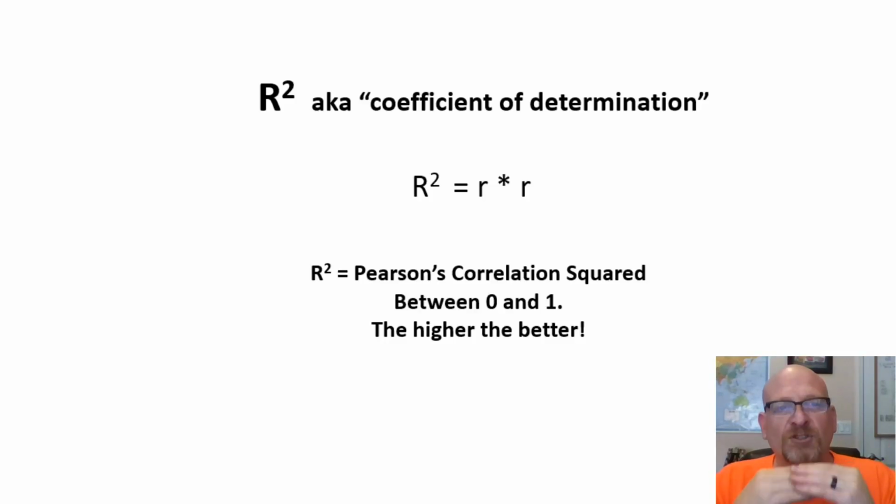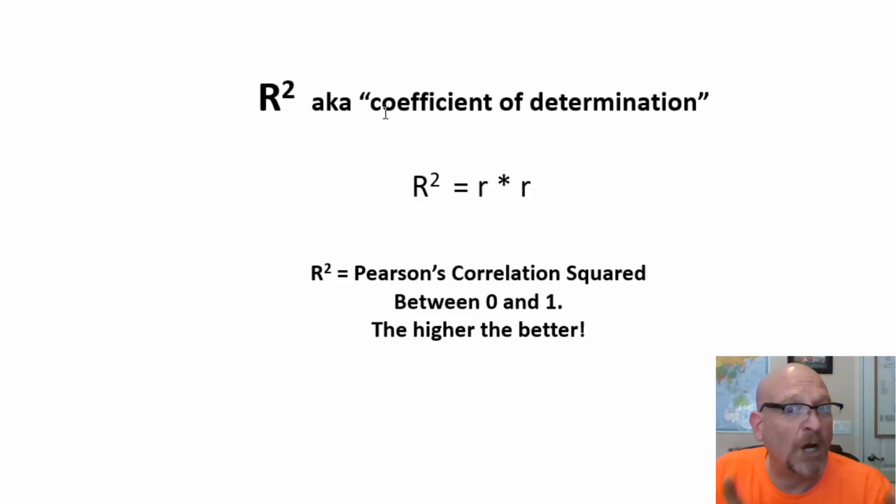So when we do some modeling, we want to see an R-squared value that is close to 1. The closer it is to 0, that's bad, okay? So that's why I say here, the higher the better. By the way, R-squared has another name, and it's called the coefficient of determination.